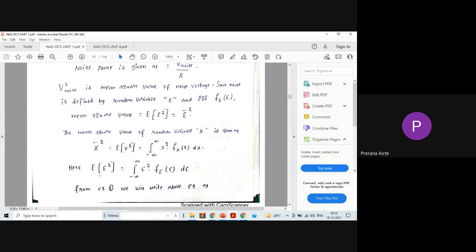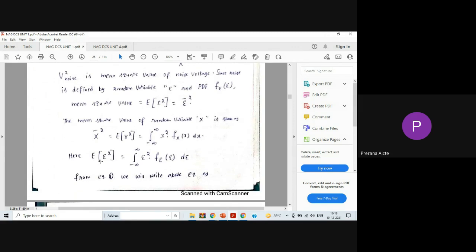From probability analysis, the mean square value of random variable x is x square equal to the expectation of x square, which is the general formula: the integral from minus infinity to infinity of x square into fx of x. Similarly, we rewrite it as the expectation of epsilon square equal to the integral of epsilon square into f epsilon of epsilon.